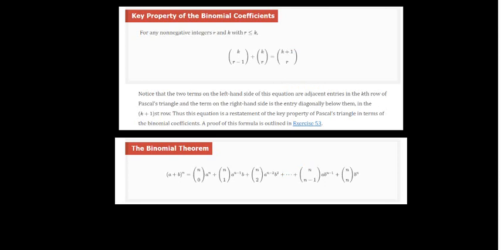Okay. Now, the big reveal is the binomial theorem. If you can unpack this binomial theorem, then these problems are going to be super easy.